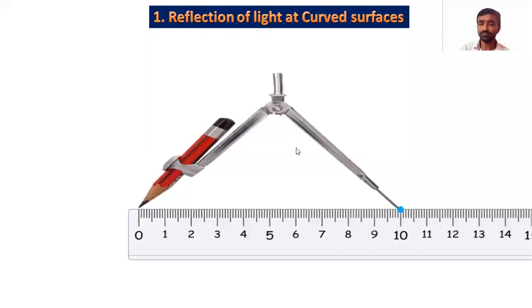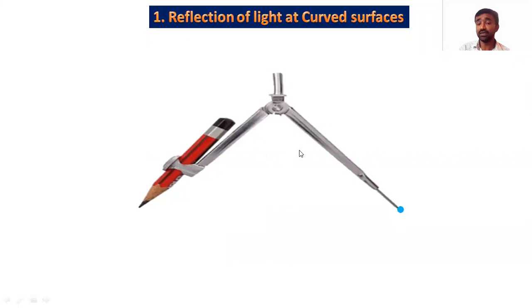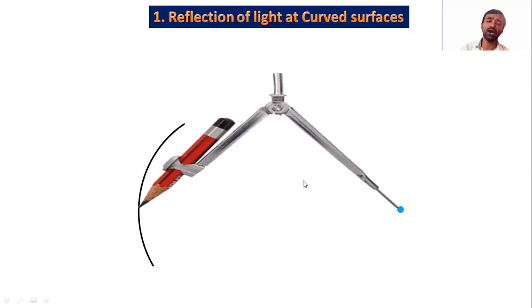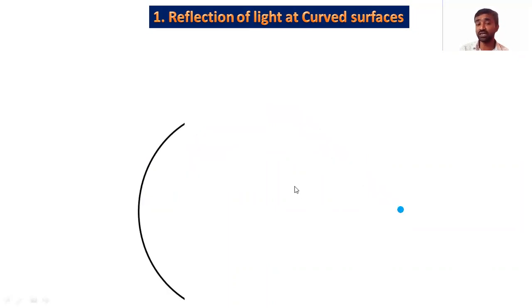Now I'm drawing an arc using the pin, the sharp edge of the compass, as center, then cutting the arc. So this blue dot acts as the center for the curve.